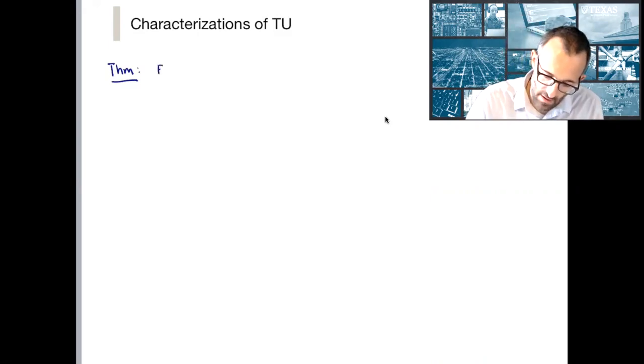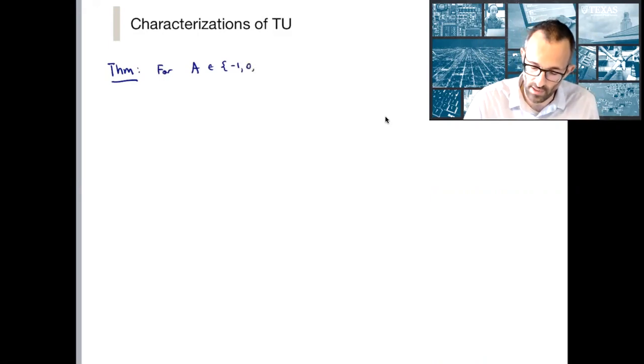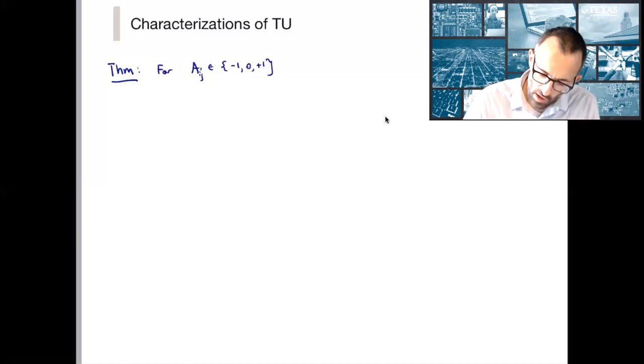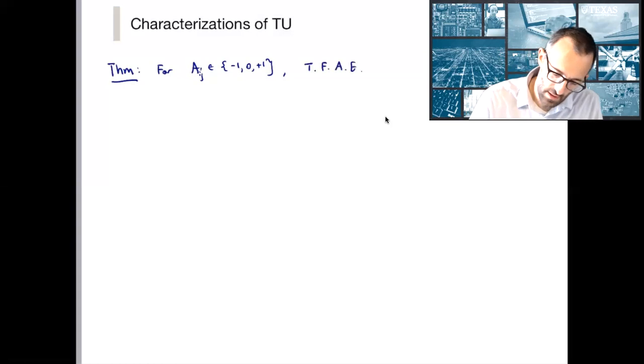So it says that for a matrix, getting a little bit of abusive notation here, I'm just writing element of -1, 0, +1 to indicate, I really should write aij, for a matrix A that has entries in -1, 0, +1. The following are equivalent. 1.